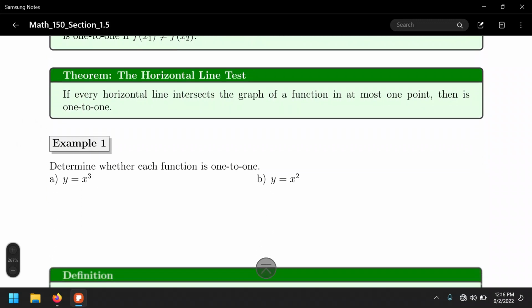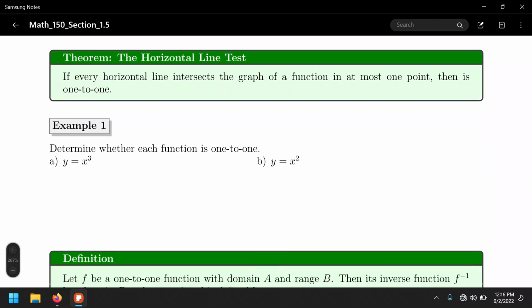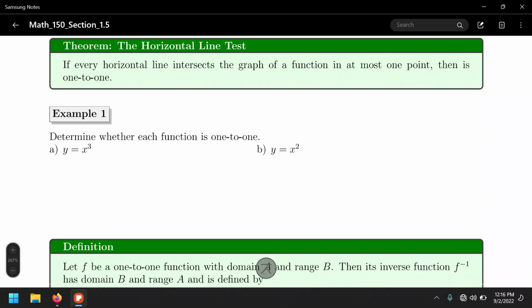And you might remember the horizontal line test. The horizontal line test is to test whether the graph of a given function is one-to-one. The other one was the vertical line test, and that's just to determine whether it is a function. If the vertical line crosses the graph at only one point, well, it's a function.